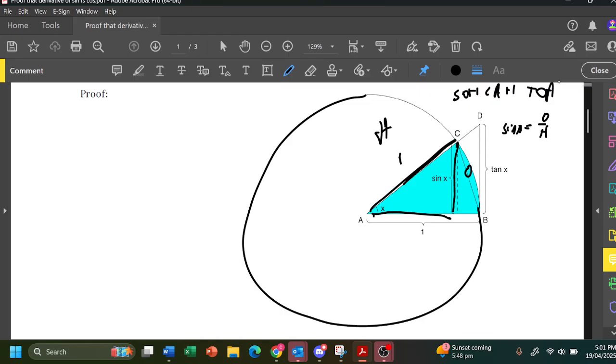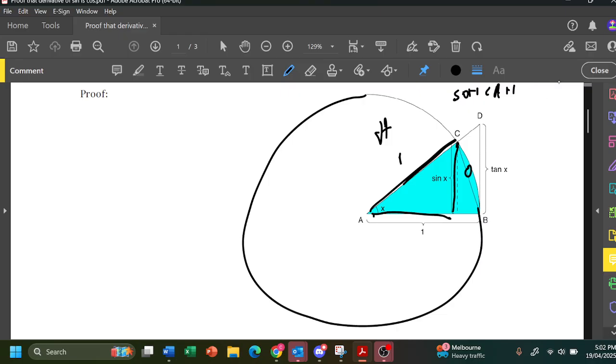The hypotenuse is equal to 1, so sine of x must be equal to the opposite. So sine of x is equal to opposite divided by 1, so therefore sine of x is equal to the opposite side of that right triangle, right? So that's how we've labelled the y-coordinate of that point around the unit circle as sine of x.